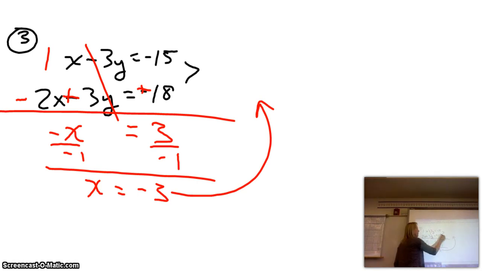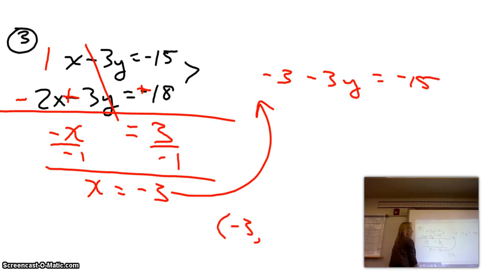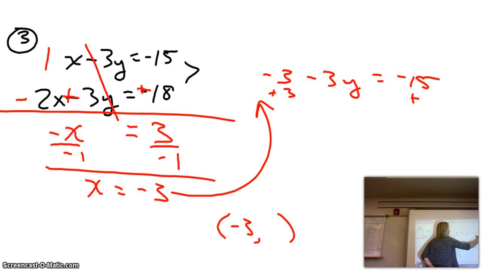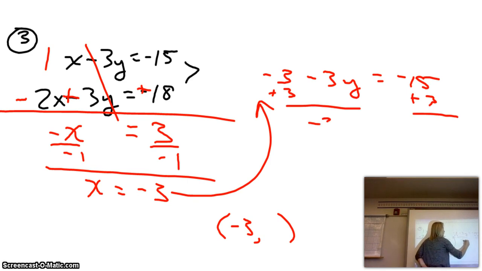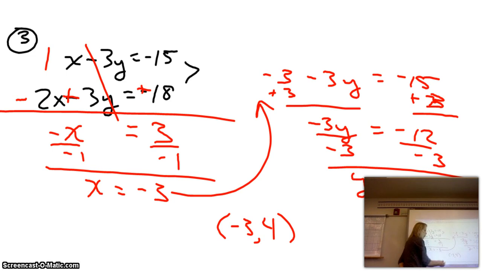Let's go ahead and find it. In the original, negative 3 minus 3y equals negative 15. How would you solve this, Haley? You have negative 3y equals negative 12, and then you divide by negative 3, and then you get y equals 4. There it is. One solution.